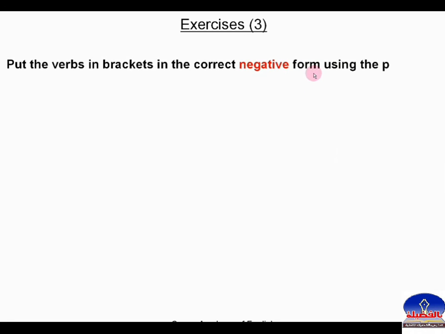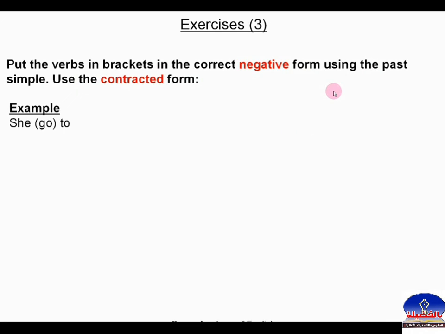And the last exercise: put the verbs in brackets in the correct negative form using the past simple. And I want you to use the contracted form. Example: she didn't go to London last year.